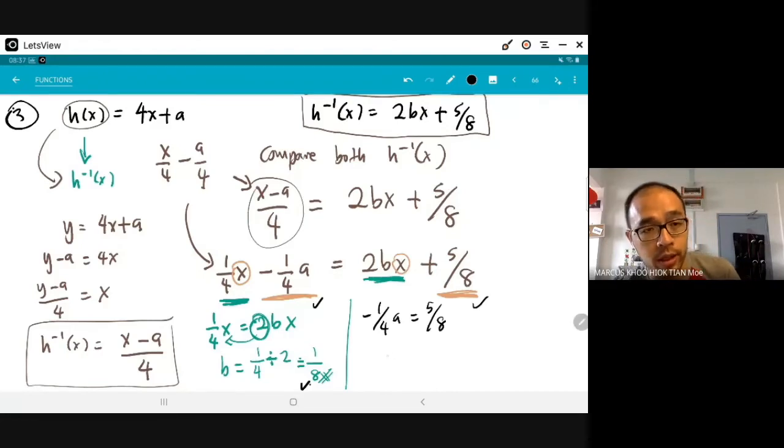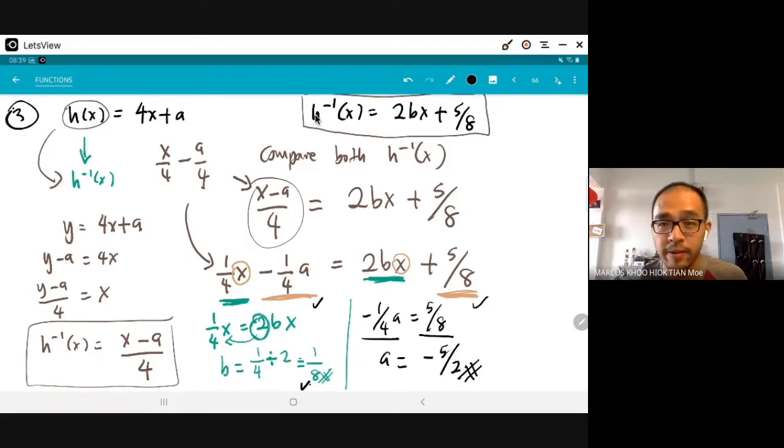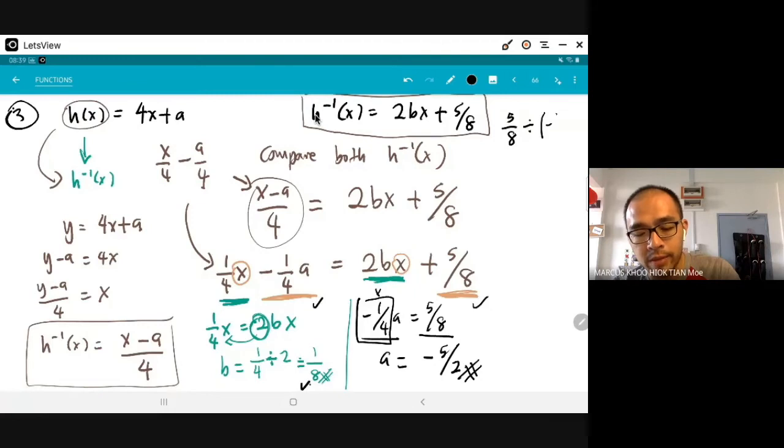Anybody, can you tell me what is the value of a? You calculate first, then I will call a name. Oh yeah, negative 5/2. Sorry, my brain is not functioning today. So how do we do this? The negative 1/4 here is multiplication. So when we move to the other side, we just need to press 5/8 divided by negative 1/4. Just press it like that, no problem. You should get negative 5/2.